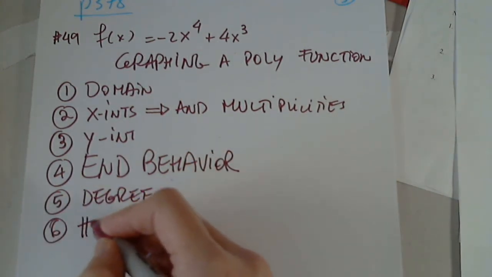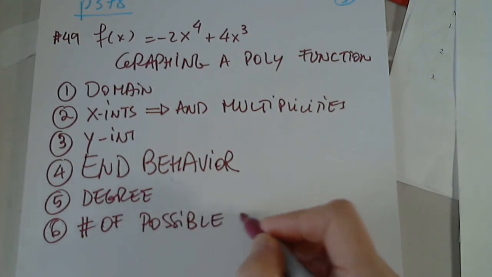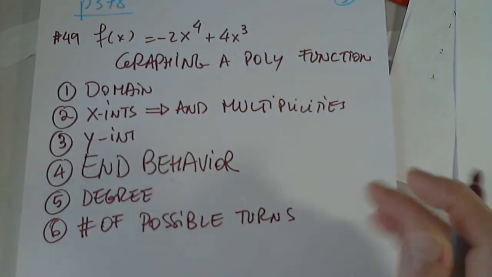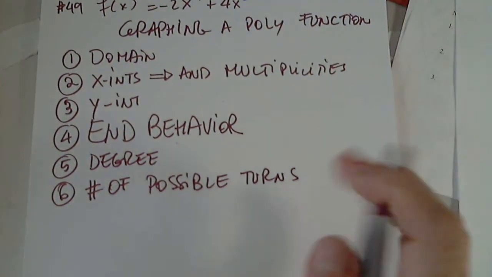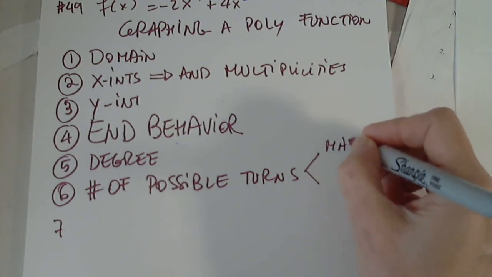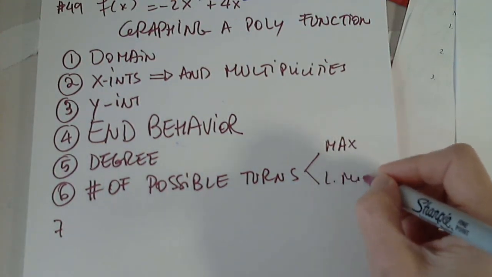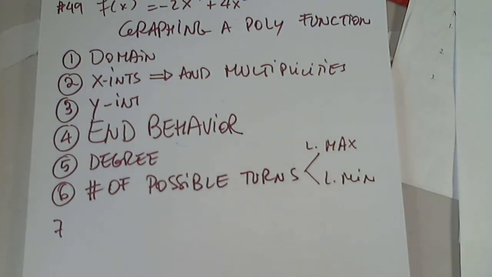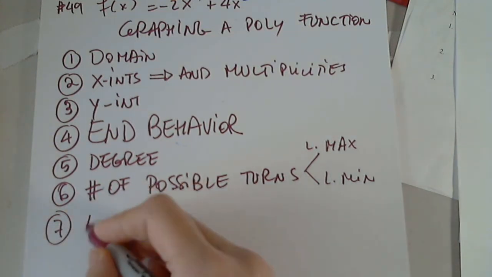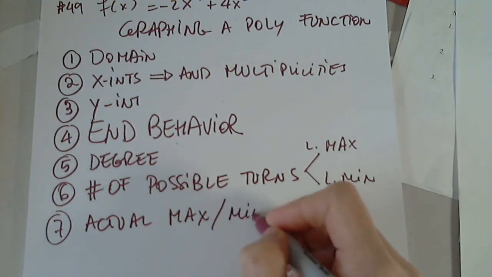6, number of possible turns. 7, by turns we mean points of max, local min. 7, actual max or min.